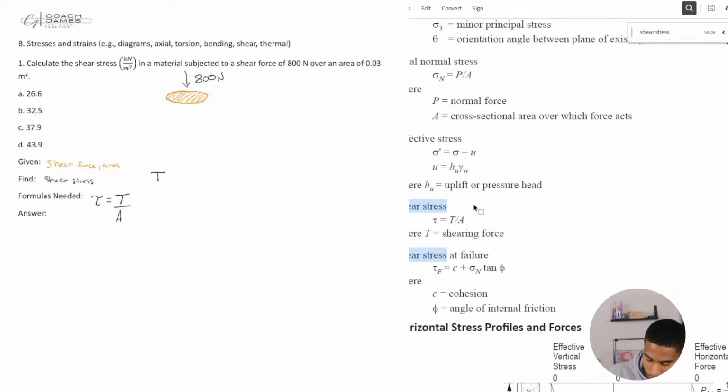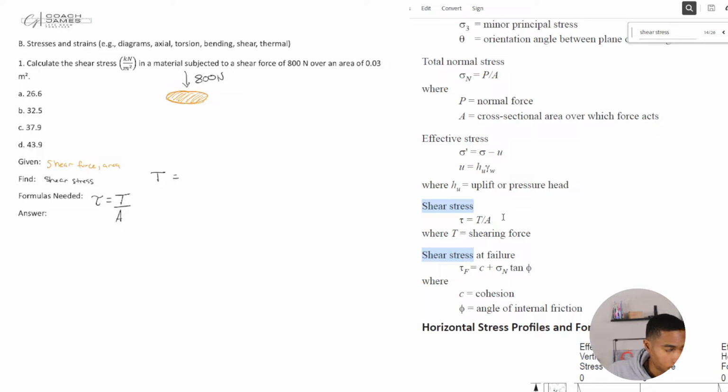So T in this case is equal to our shearing force, which is 800 newtons. Our A is equal to 0.03 meters squared.